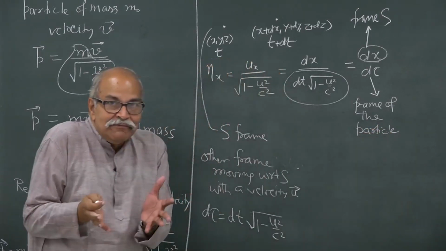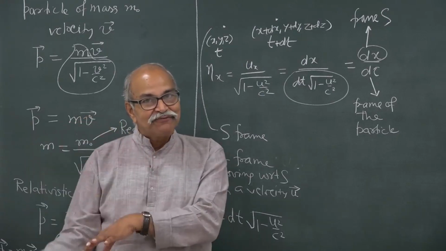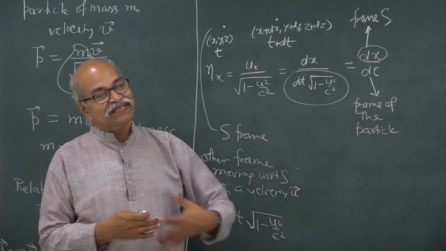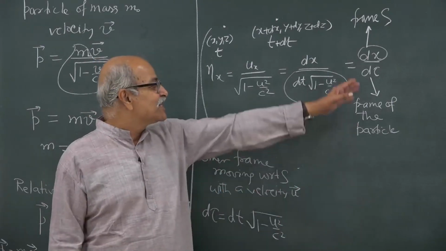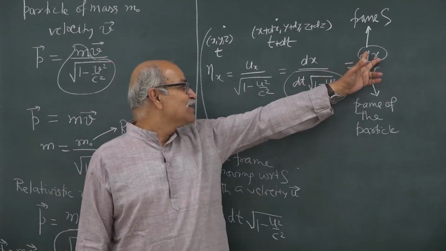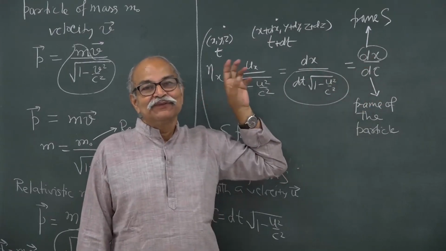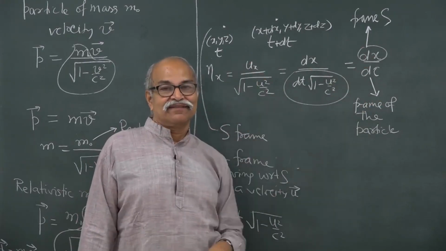So, the time interval we are measuring in a different frame, the separation in space we are measuring in some other frame, and then we are dividing this length by this time to get some kind of velocity. So, this is also a mathematical construct.